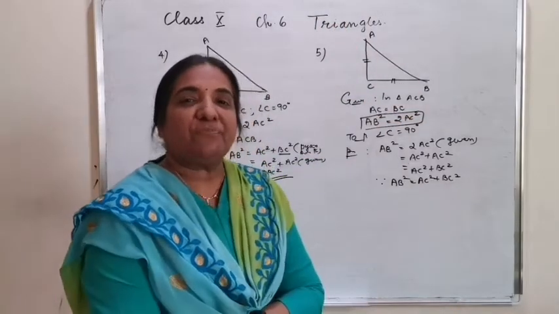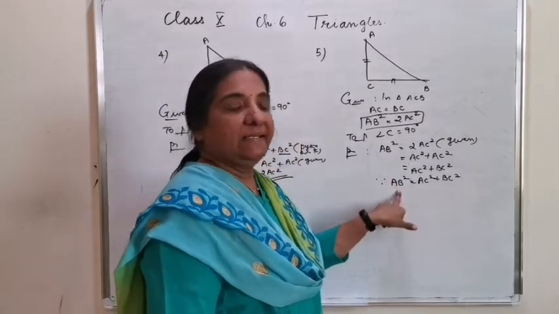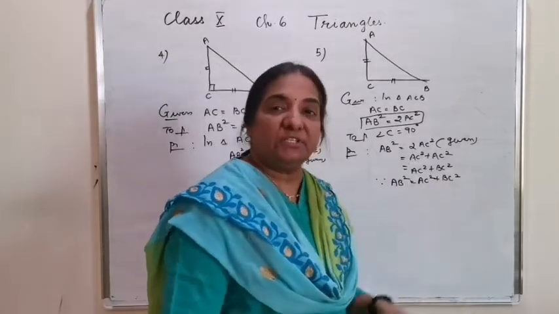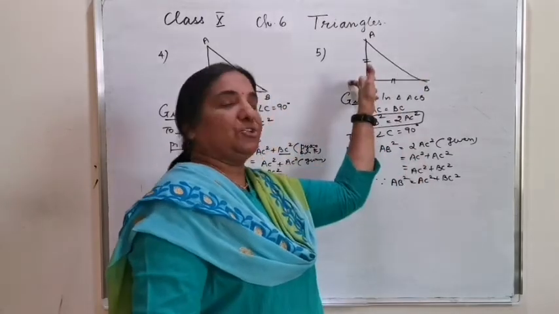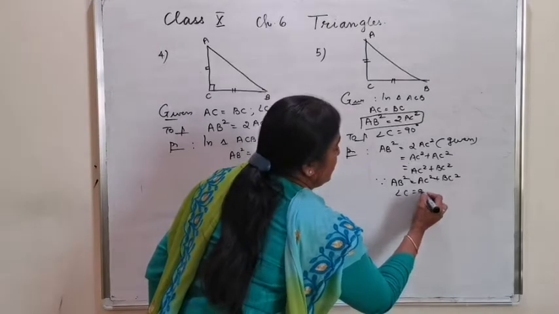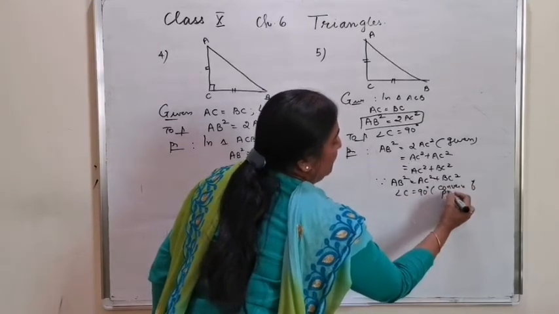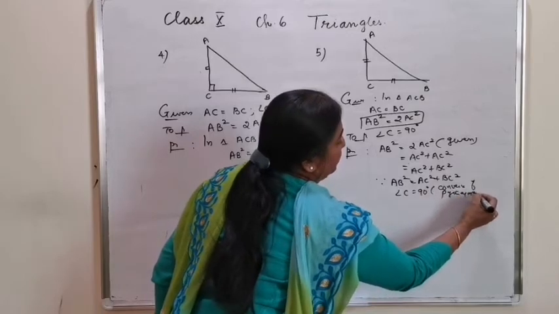What does the converse of Pythagoras theorem say? If the square of any one side is equal to the sum of the squares of the other two sides, the angle opposite to the first side is a right angle, which shows that angle C is equal to 90 degrees. The reason is the converse of Pythagoras theorem.